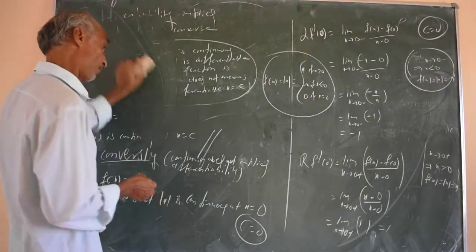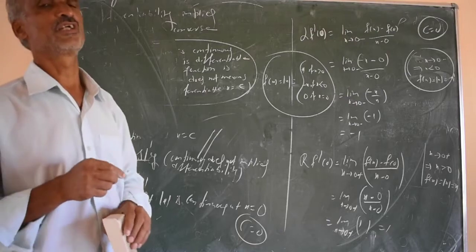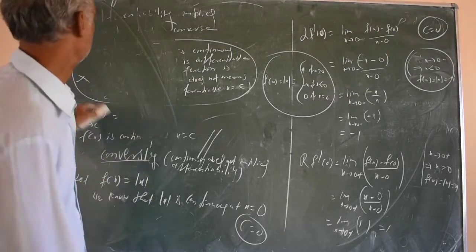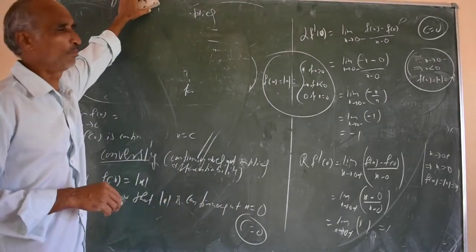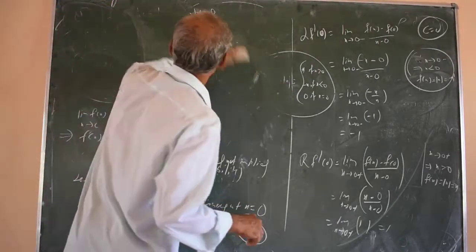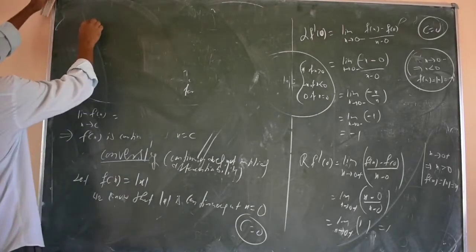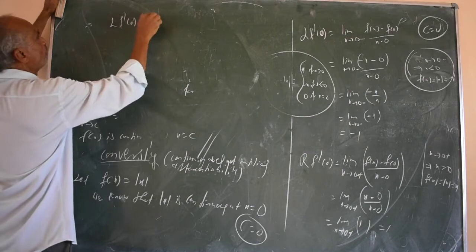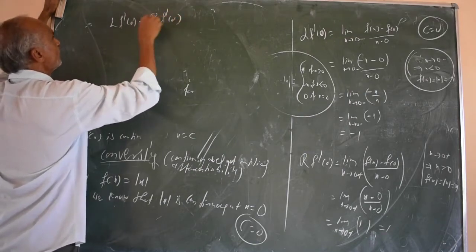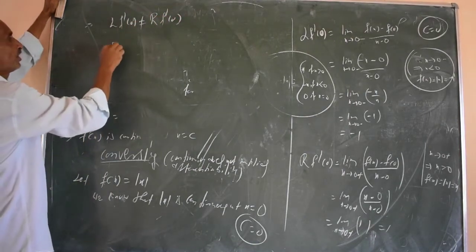It means the function mod x is continuous at origin, but it is not differentiable. Therefore L f dash of 0 is not equal to R f dash of 0, so f dash of 0 does not exist.